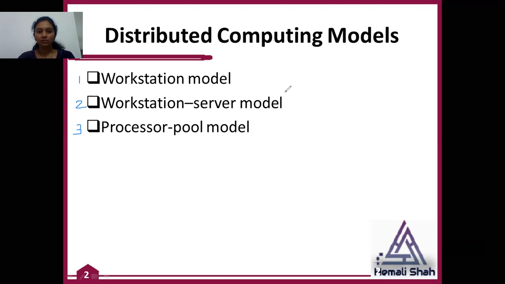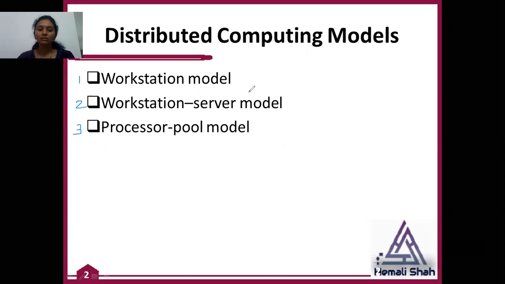This model is again about the arrangement of computers, which type of computers you are going to use in your system, whether it is a disk full workstation with memory, or one that has no disk, which is called a diskless workstation. Workstation means terminal. By using the terminal, a user can execute the system and get the output.